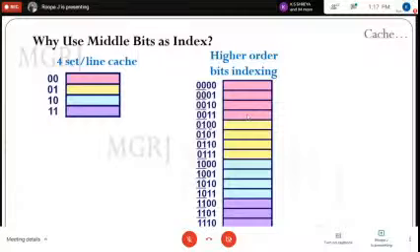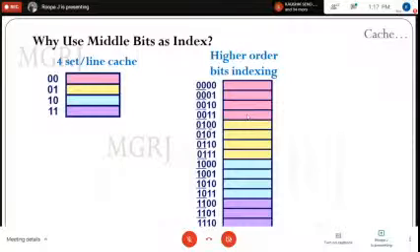But that is only for higher order bits. The more higher order bits, the more swappings, right? Because 0011 has to wait for the previous 3 to get swapped. Listen, my statement is clear like this: if I am using higher order bits for indexing to the cache, then I am losing spatial locality.